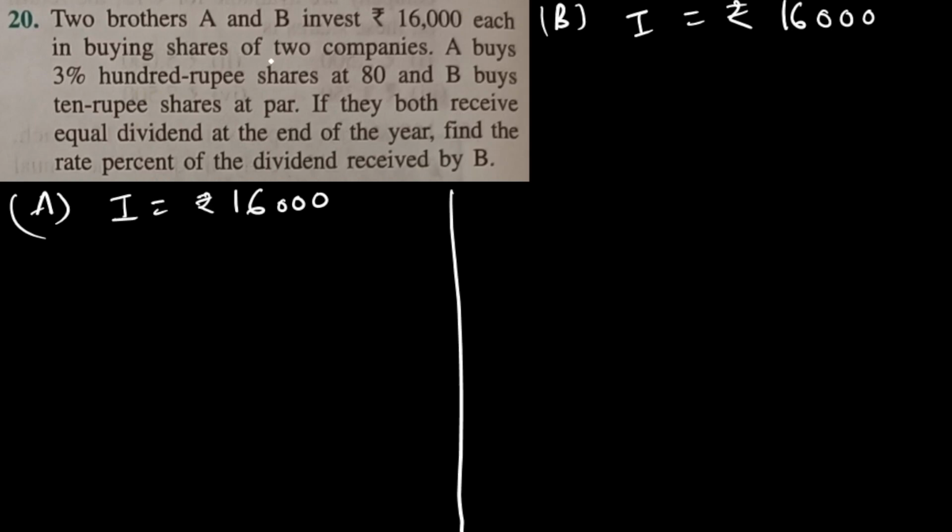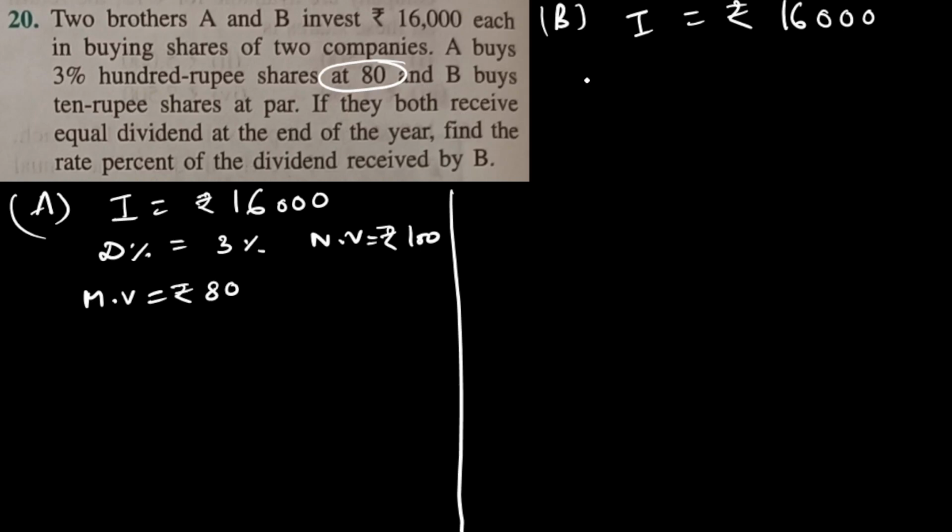So these two brothers, they are buying shares of two companies. A buys 3%. So 3% alone it's written, so that means dividend percent given to us is 3%. 100 rupees share means nominal value is equal to 100. At 80, see, at 80 means after that, whatever is the cost written, that is market value.